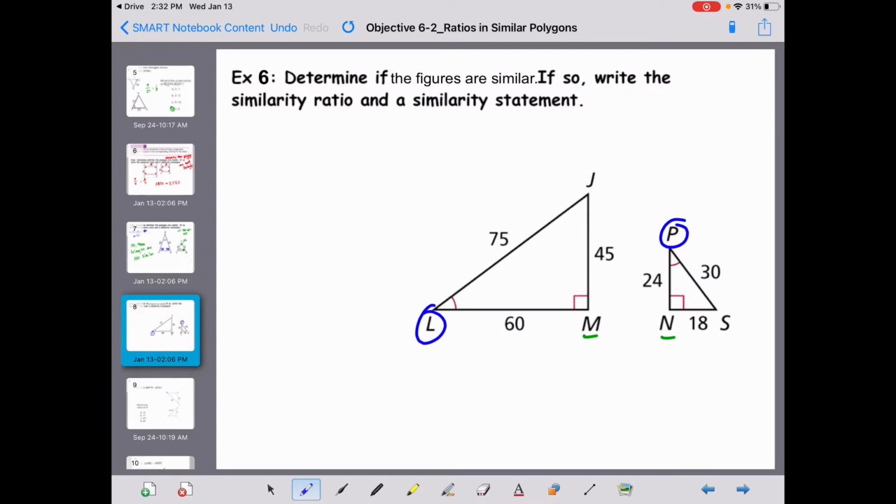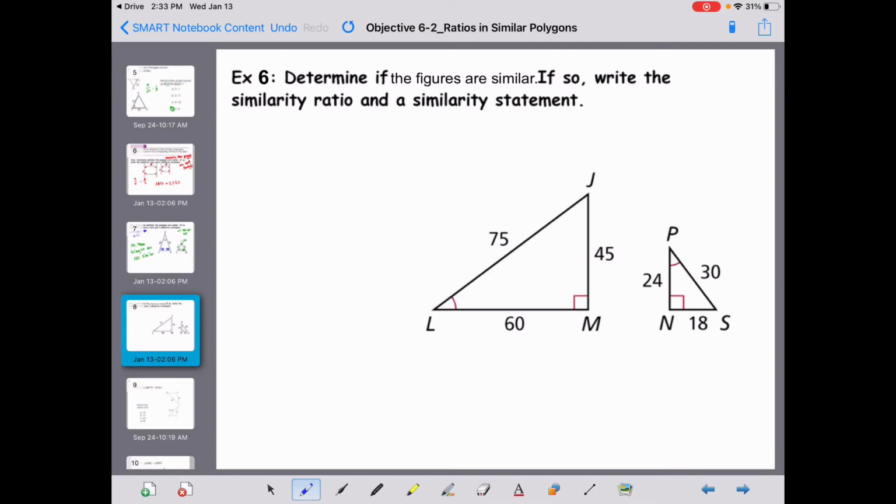So my angles all match up. All right? So that's good. Now, let's see if the sides are proportional.